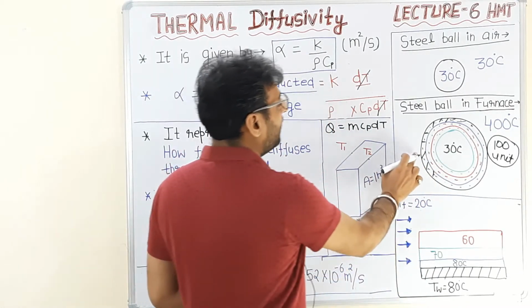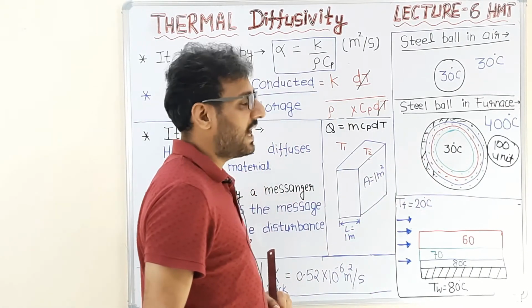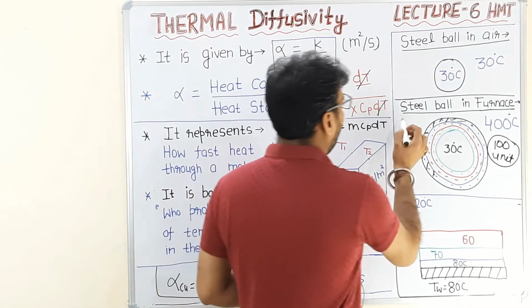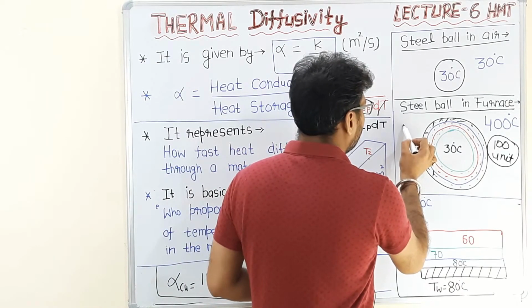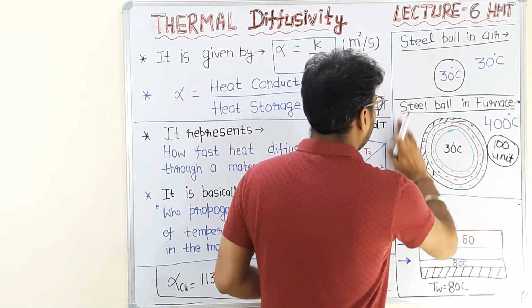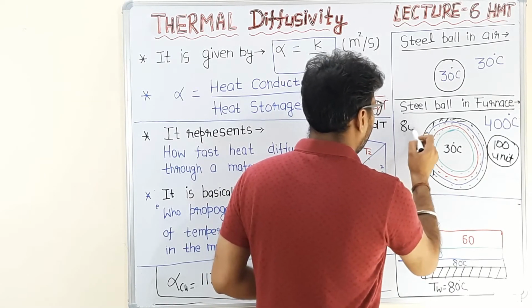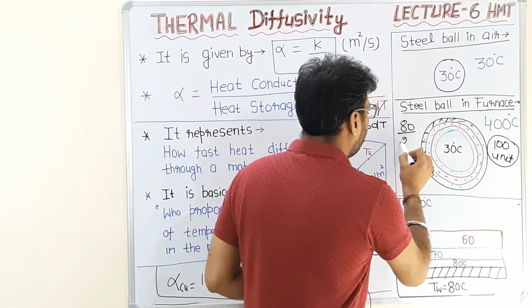Now if thermal diffusivity of this steel ball is high, then what will happen? Out of 100 it will conduct 80 units and only absorb 20 units.